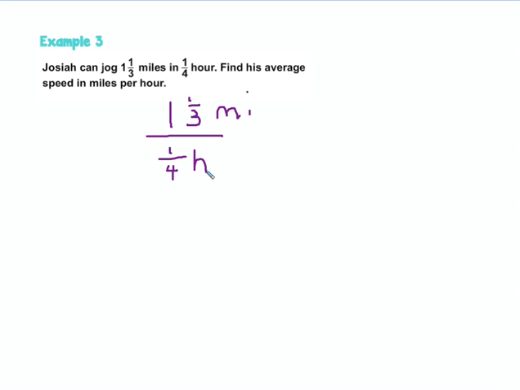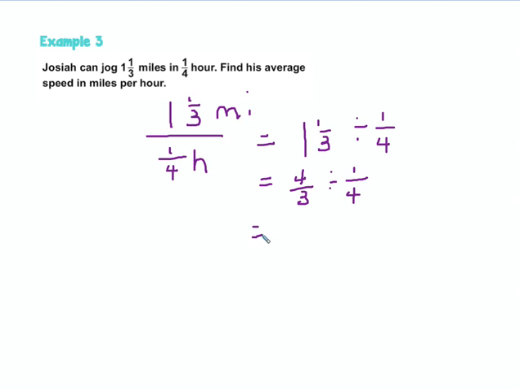So now we're going to write that as a division problem. We have 1 and 1/3 divided by 1/4. Now we have a mixed number, so we need to make it an improper fraction. 3 times 1 is 3, plus 1 is 4. So this becomes 4/3 divided by 1/4.